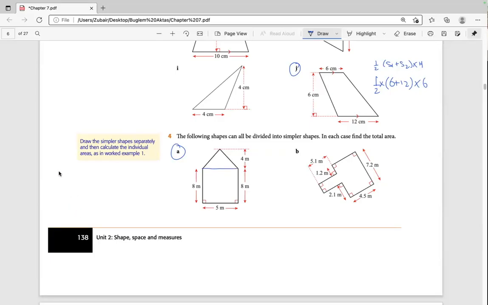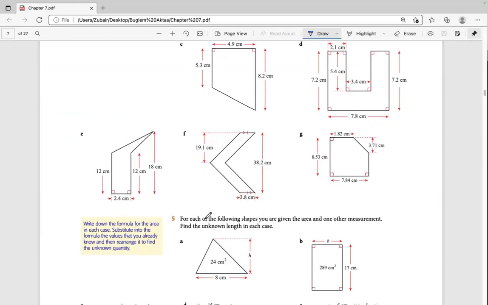Then I can do 8 times 5, which is 40, plus 4 and 5 divided by 2, so 10. That is 1/2 into base into height. So 40 plus 10, that is 50. Very good. Okay, let's continue.